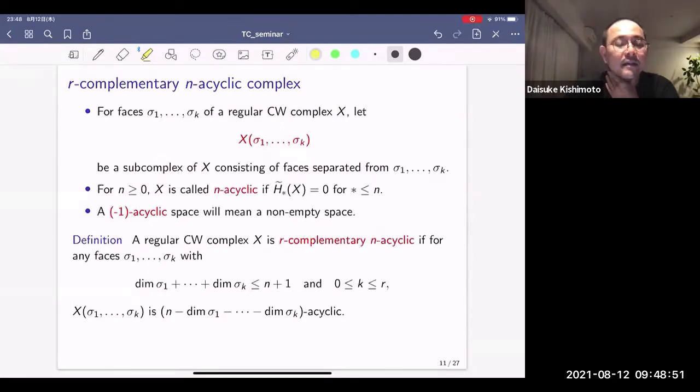Then we say that X is an R-complementary n-acyclic CW complex if for any faces sigma 1 to sigma k satisfying this dimensional condition, the subcomplex K_X(sigma 1, ..., sigma k) is (n minus dimension sigma 1 minus ... minus dimension sigma k)-acyclic.